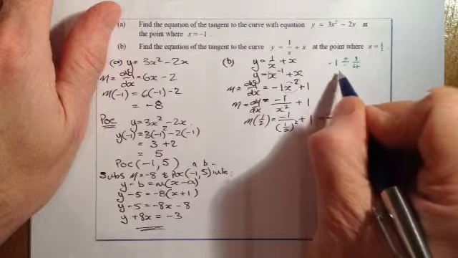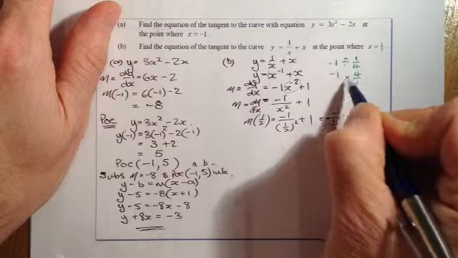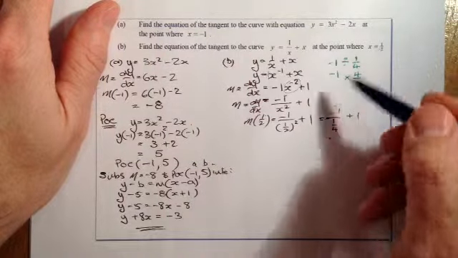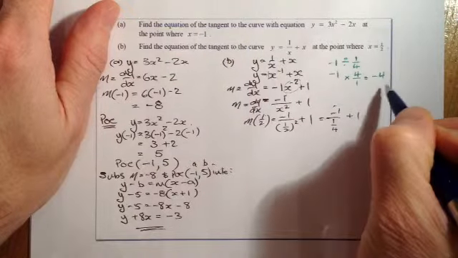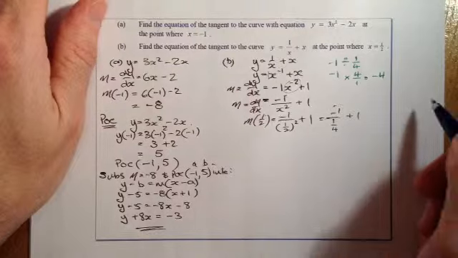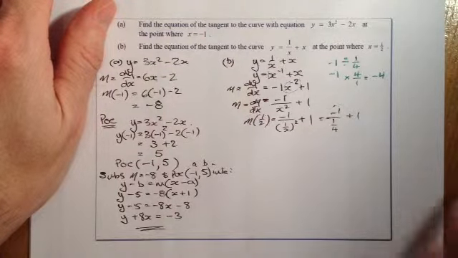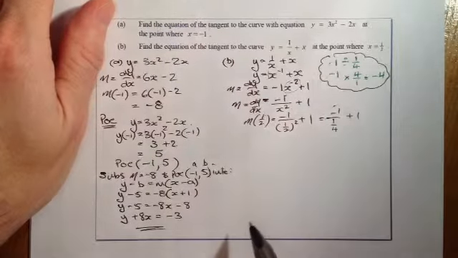So that would be the same as minus 1, and I'm going to flip over that fraction and change the sign to a times. Then I'll just multiply straight across. So that's minus 1 times 4, which gives me minus 4, or minus 4 over 1, which simplifies to minus 4. That was just to help you out if you struggle with some of the fraction work.